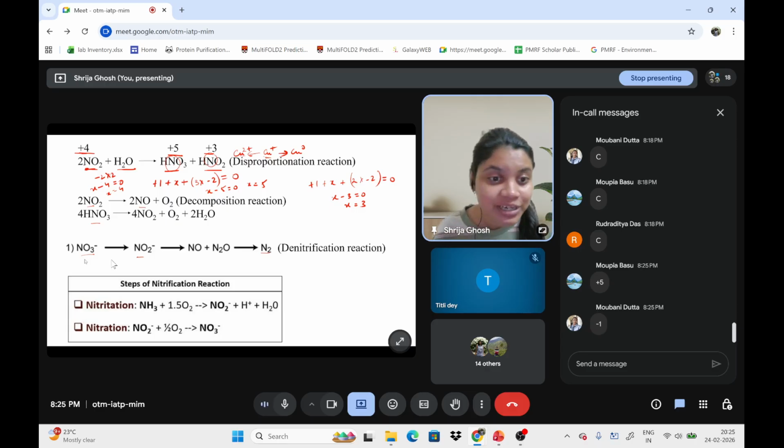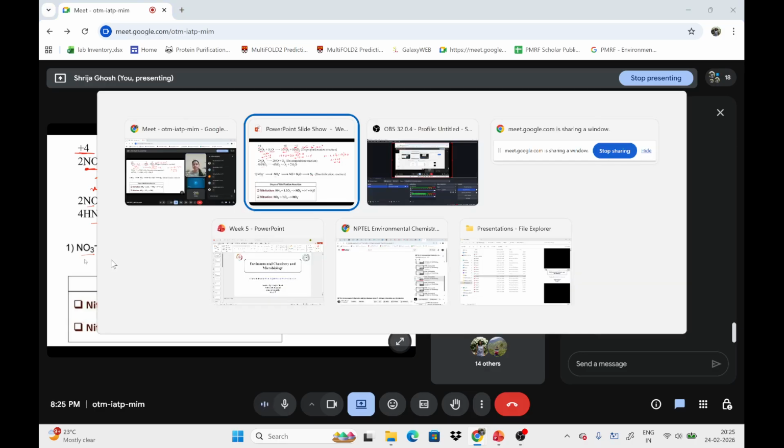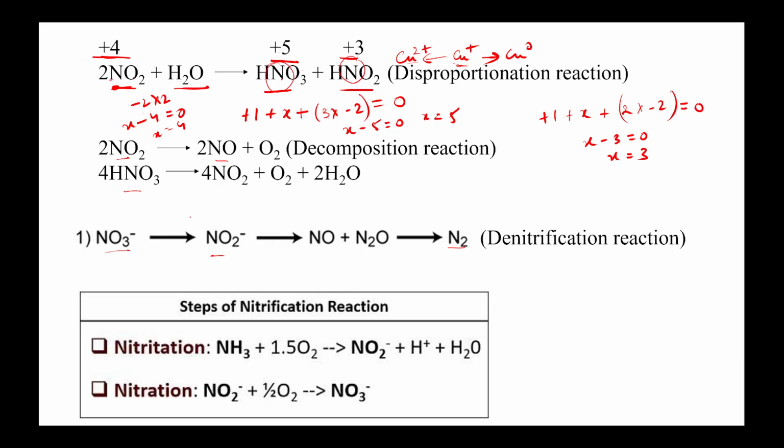Okay, here also I'm getting two answers, plus 5 and minus 1. Plus 5 is the correct answer. How did you get minus 1? Let's see how to calculate the oxidation states. We have 3 atoms of oxygen, and I told you oxygen has a minus 2 charge. So minus 2 into 3 would be minus 6. Let's take the oxidation state of nitrogen as x.